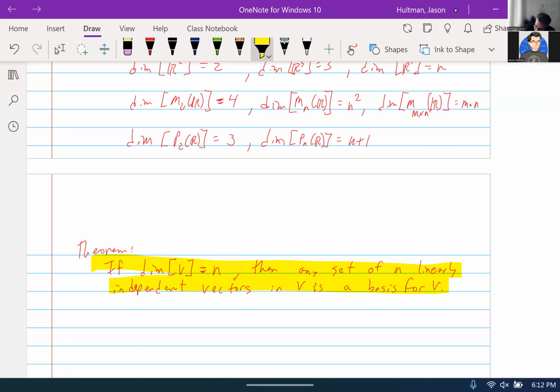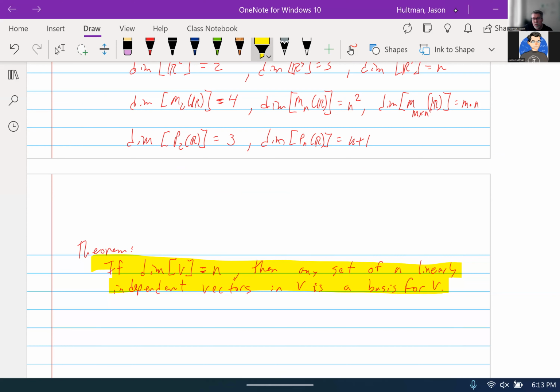Okay, it just says, look, if the dimension of V is n, basically the basis for any spanning set in V has n items, then any set of n linearly independent vectors is a basis.